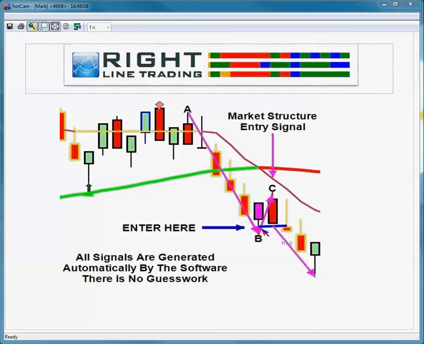I have just chosen personally to color my B candles magenta. And you're going to get an audible signal when the B candle prints, which tells you there's a chance for the next candle.